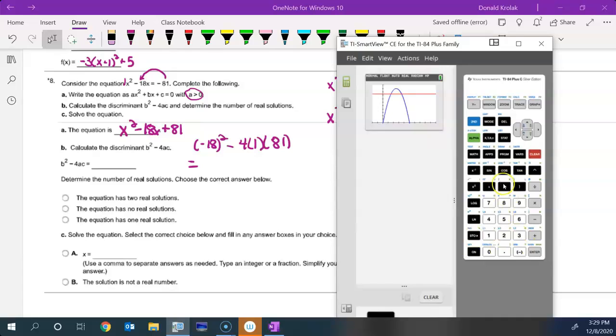Negative 18 squared is going to be positive. When you type it in, if you're squaring a negative, it's got to be in parentheses. Otherwise, it'll give you a negative answer.